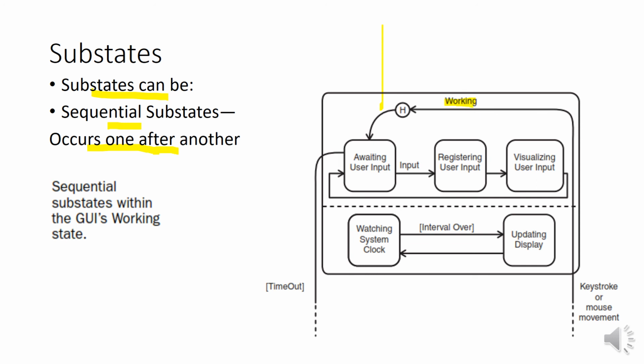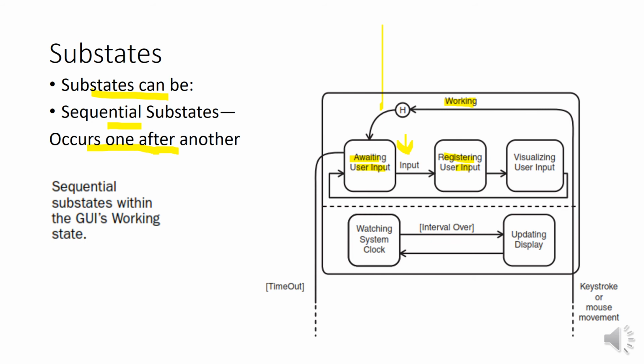When the GUI is in working state, several substates can be there. The substates in the working state can be awaiting user input, then registering user input, if the user inputs something, and then visualizing or displaying user input.